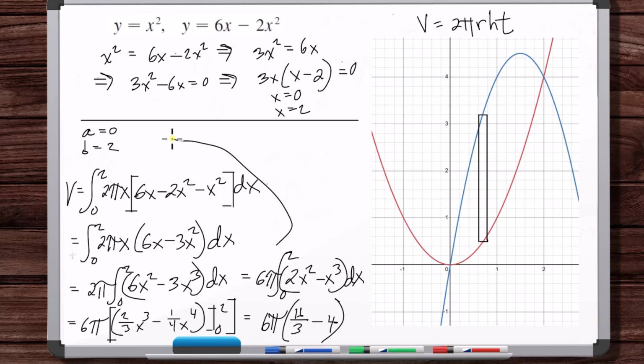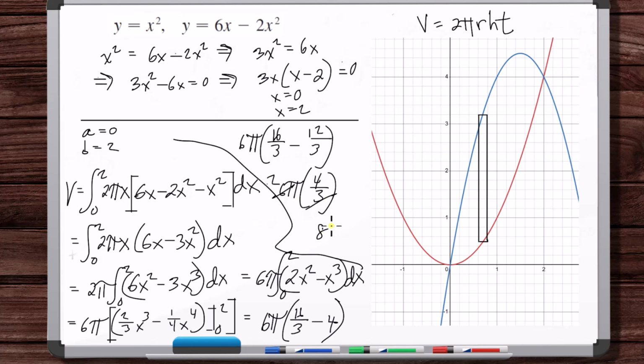All right, so we've got 6 pi times 16/3 minus 3 over 3 times 4 is 12/3. 6 pi, and then you've got 4/3. Okay, so 8 pi. Yeah, there you go. That's the volume.